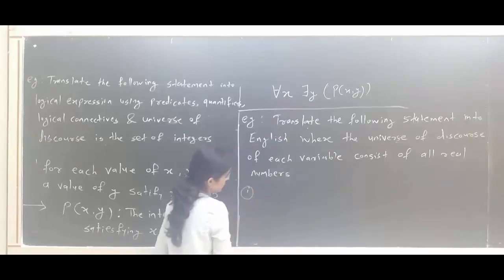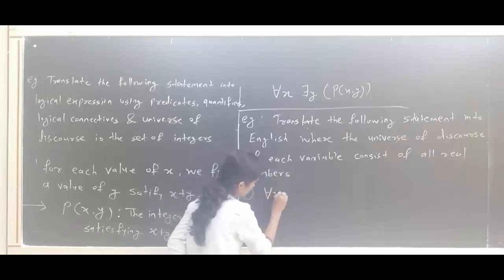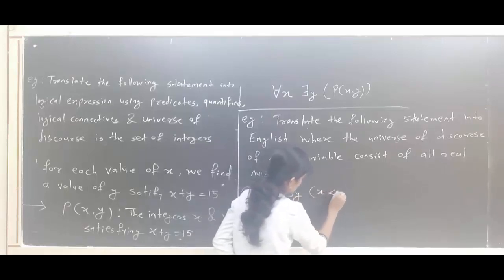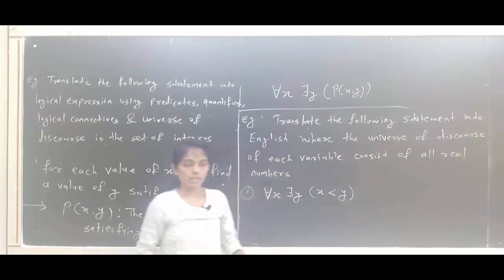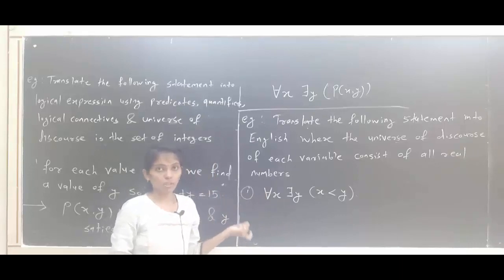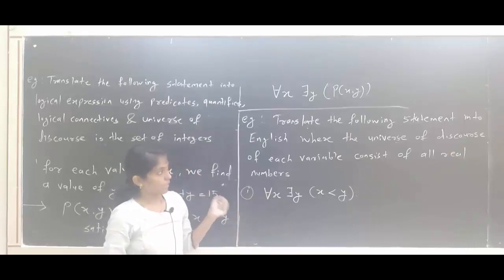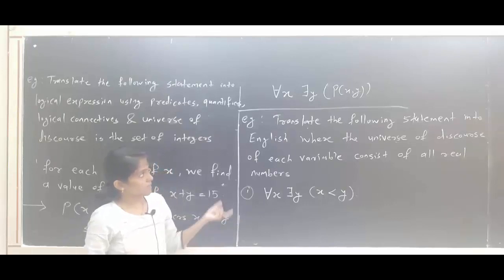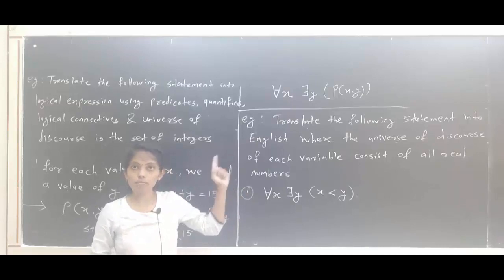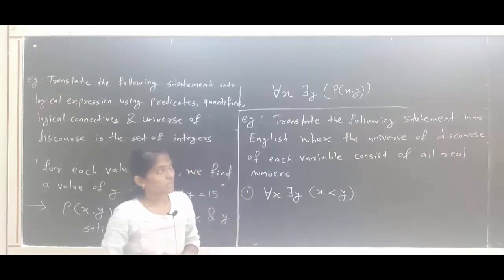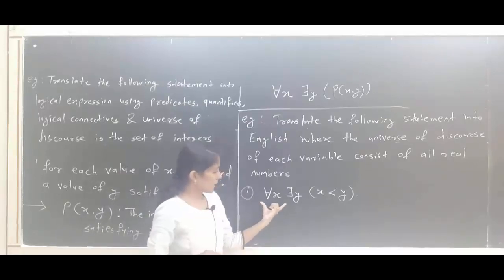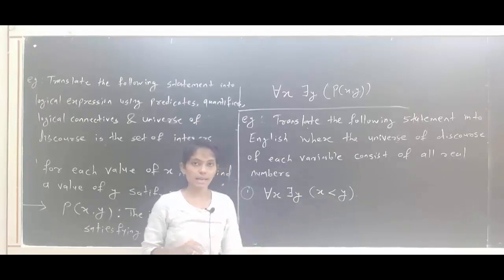Okay, so here: for all x there exists y, x is less than y. So see this example. Here the statement in logical expression form is given and we want to translate this into English, where the universe of discourse of each variable is set of all real numbers. Okay, so here for all x there exists y, x is less than y.